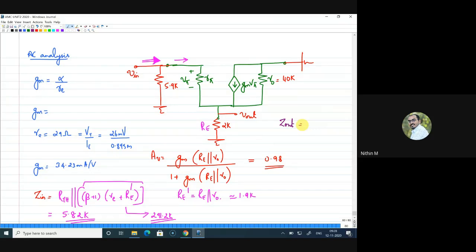So what is Z out here? Output resistance. So when you evaluate output resistance, one thing to be noted is that the procedure is you have to short the input. I'll just redraw this diagram because this may create some confusion.